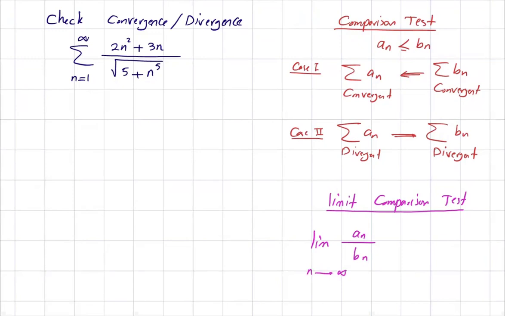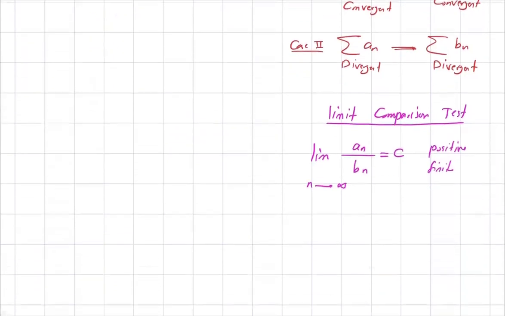As you take the limit when n goes to infinity, if this is equal to a number like c, which is positive and finite, then both series are convergent or both series are divergent.